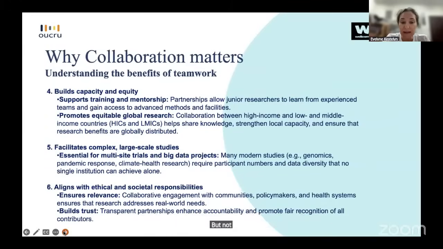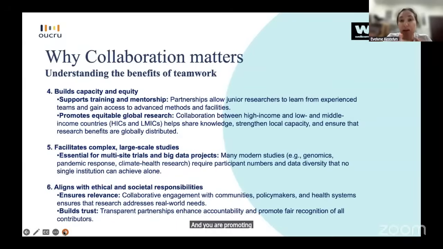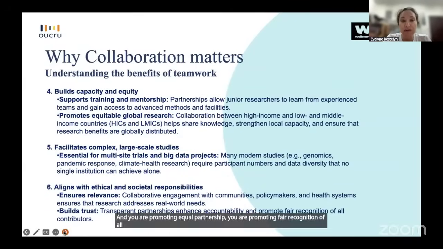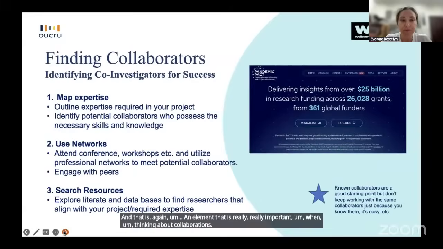But not only that, it will build trust, because people will see that you are working with a variety of partners and collaborators, and you are promoting equal partnership. You are promoting fair recognition of all contributors. And that is, again, an element that is really, really important when thinking about collaborations.